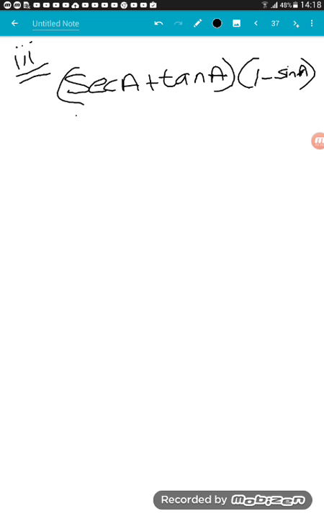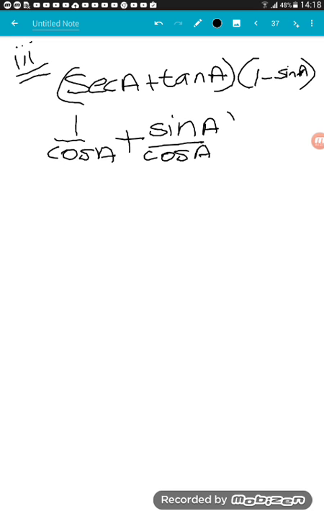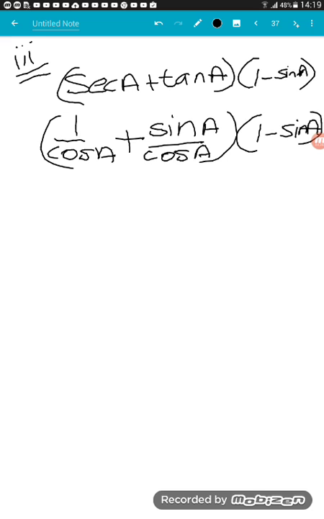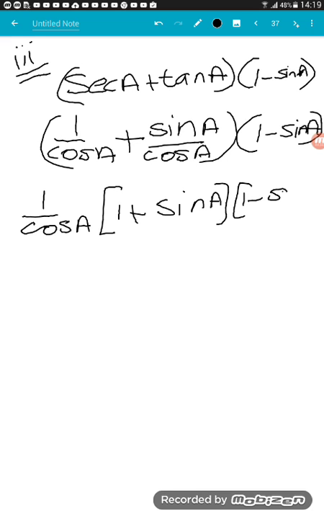So sec a will become 1 by cos a plus sin a by cos a into 1 minus sin a. And now 1 by cos a we can take as common. It will become 1 plus sin a, 1 minus sin a. And now 1 plus sin a into 1 minus sin a is nothing but 1 square minus sin square a.